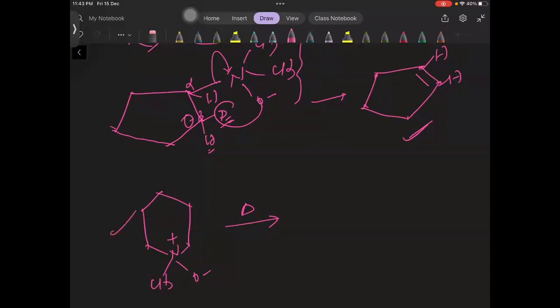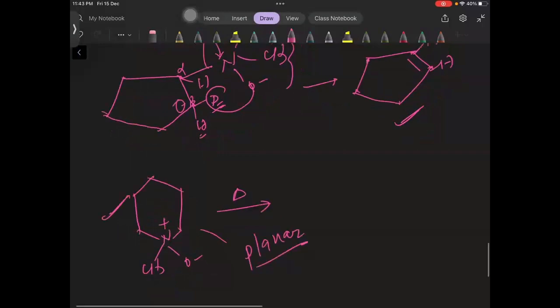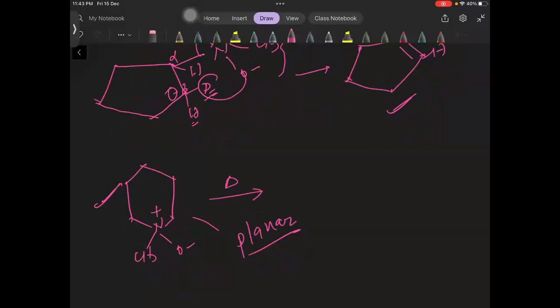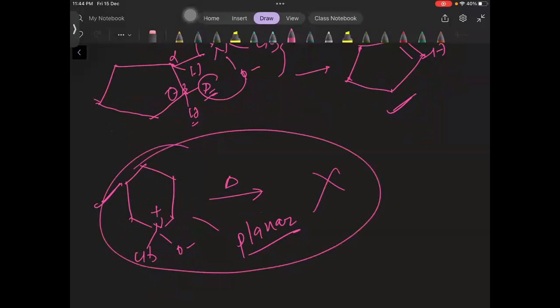Because already it is almost a planar structure. In the Cope elimination, the transition state is a planar structure. Since it is already planar, how will it go into the planar structure? So therefore, this type of compound will not, but if you have a 7-membered or 8-membered ring, definitely that will go into the Cope elimination reactions.